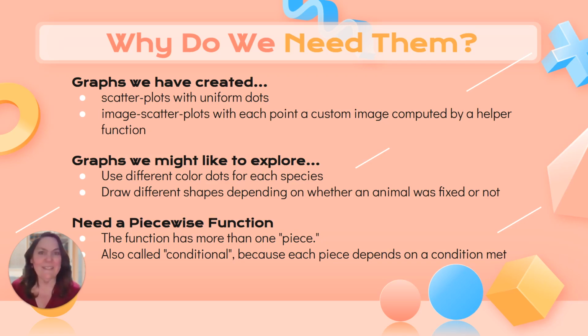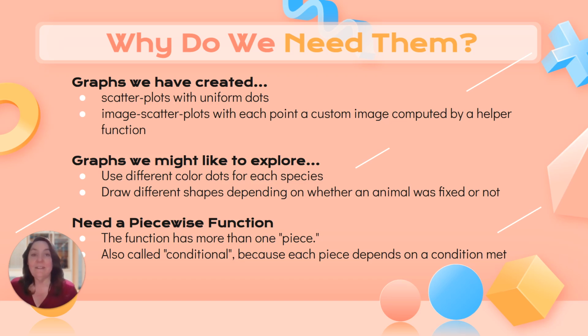What does it mean by piecewise function? Well, the function's going to have more than one piece, and it's called conditional also because each piece is based on a condition. If it meets this condition, do this.